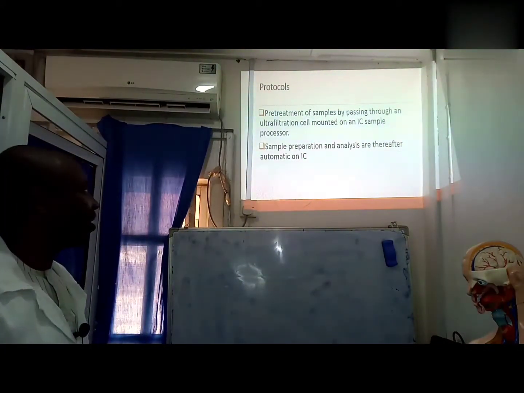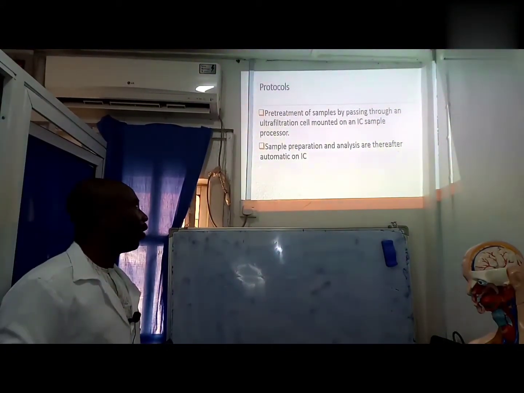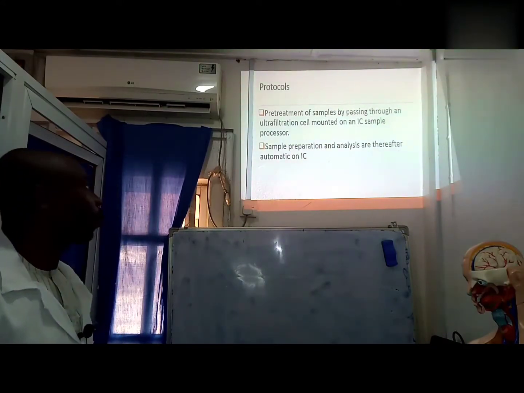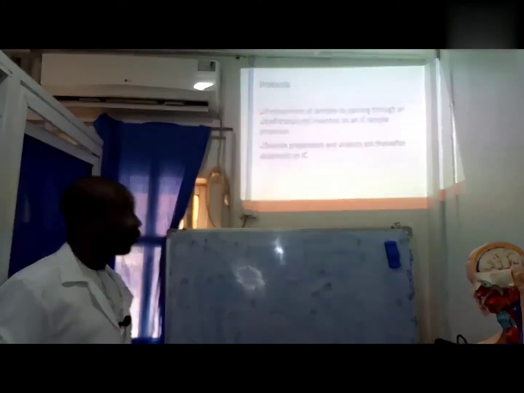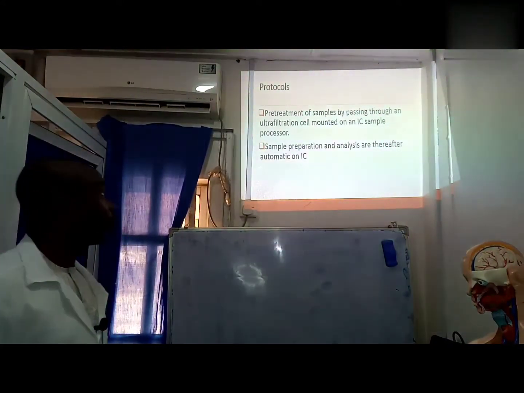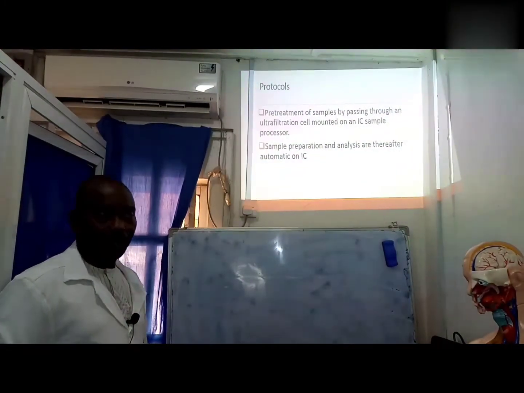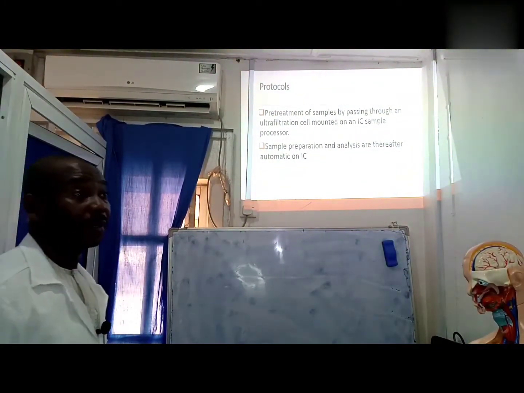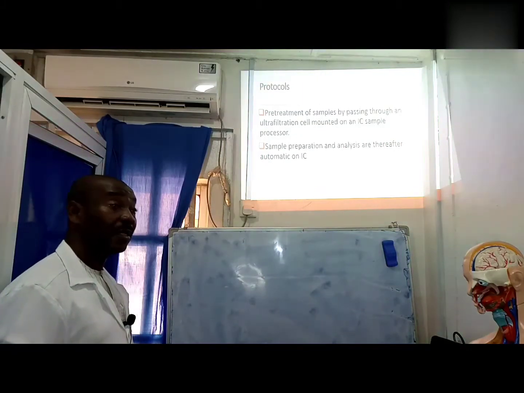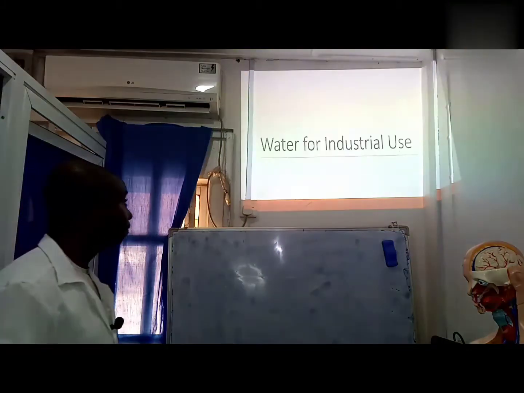Sample preparation and analysis are therefore automatic on many ICs. But the truth is that to get such an automated IC system, it takes a lot of money, in thousands of dollars.